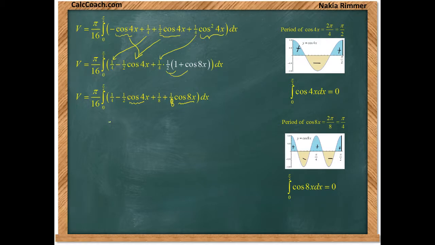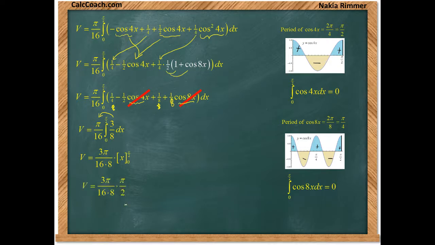So that's great, because then we don't have to worry about those two parts to our integral, and we can just focus on putting the 1/4 and the 1/8 together. Those two guys will go out. 1/4 and 1/8 give you 3/8. You can even take that 3/8 out, 3 pi over 16 times 8, and then integrate 1 and get x from 0 to pi over 2.